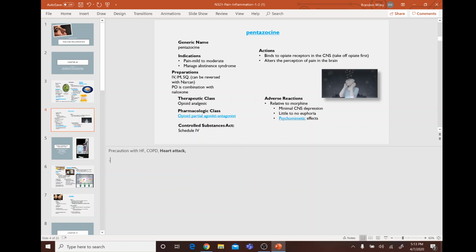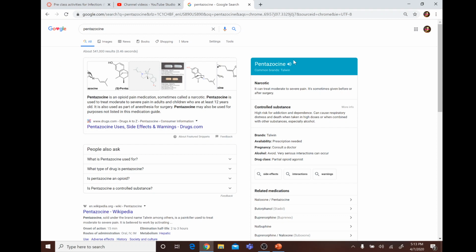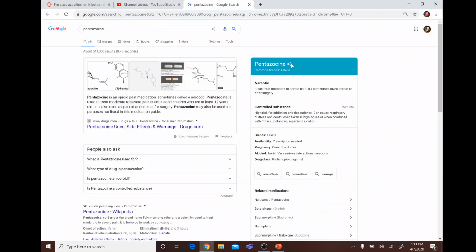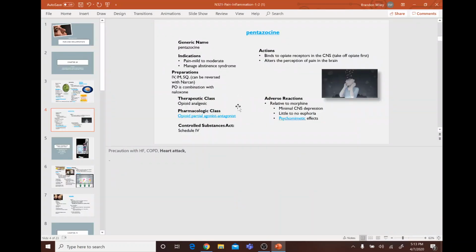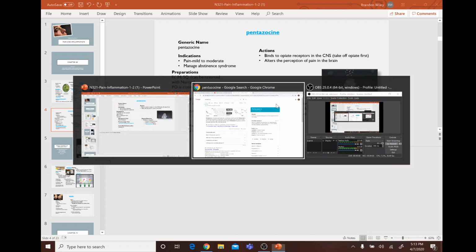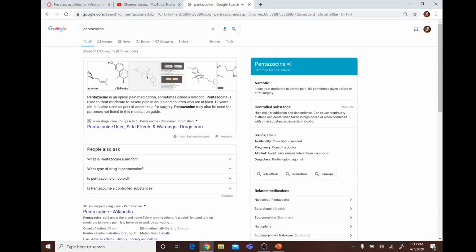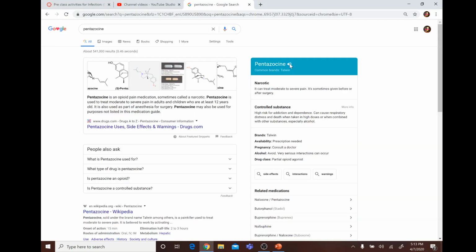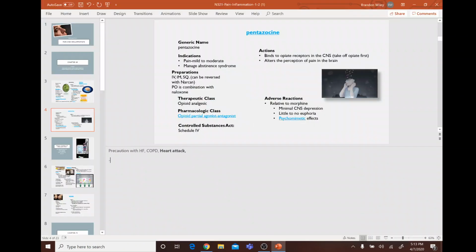PO is in combination with naloxone. What is the therapeutic class of pentazocine? Opioid analgesic. What is the pharmacologic class of pentazocine? Opioid partial agonist-antagonist. What is the Controlled Substances Act of pentazocine? Schedule 4.